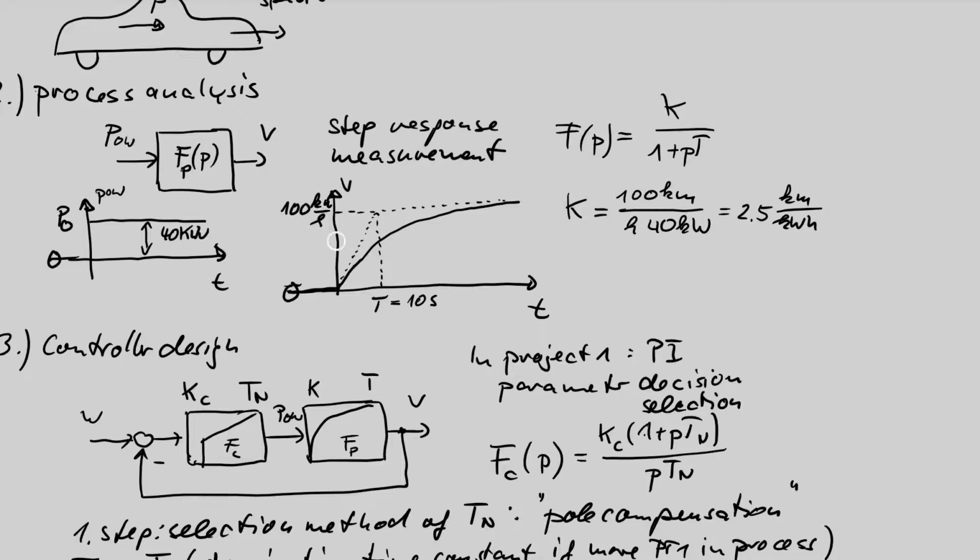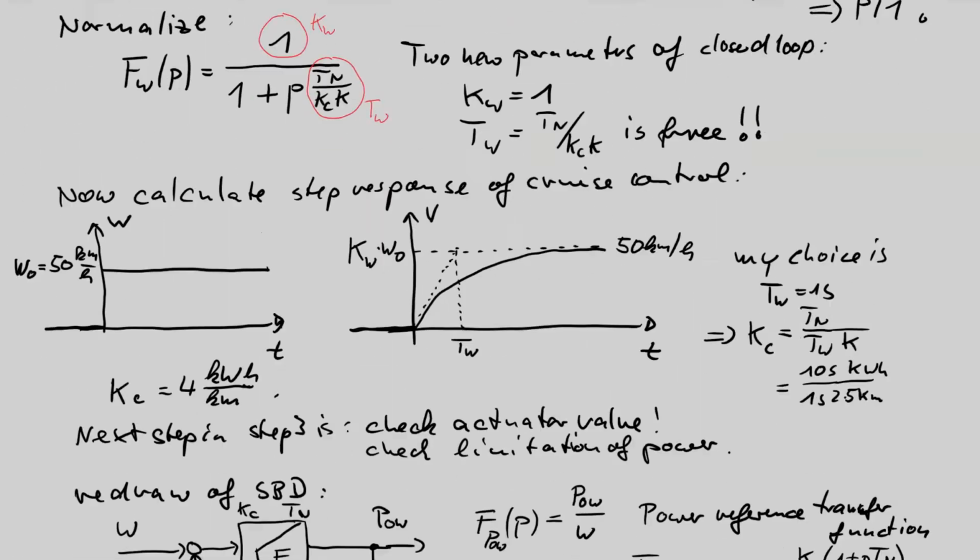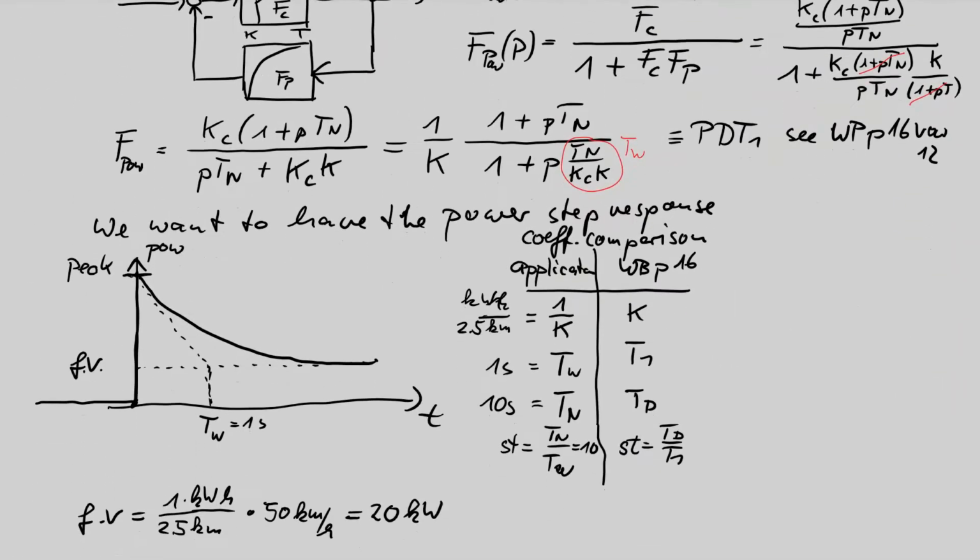Linearity means half the speed gives half the power, or half the power gives half the speed. We just have linear behavior. So this is okay. We have calculated this as 20 kilowatt, and this is exactly what we can expect. This final value is 20 kilowatt.